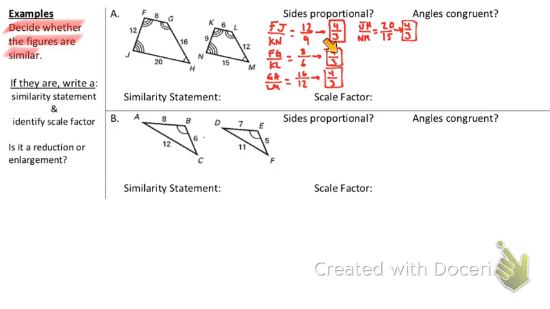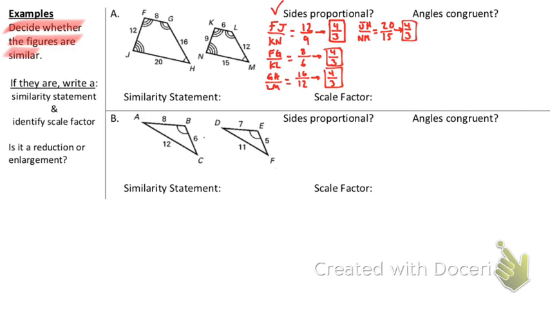That means this is proportional. So it passes the proportion test. So now we got to do the second test, which is angles congruent. Now I'm going to match angles and check if they have congruent measures or if they are congruent.